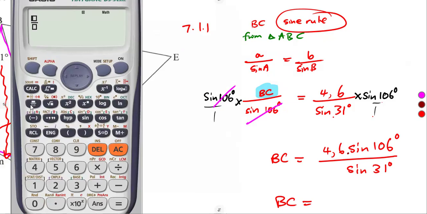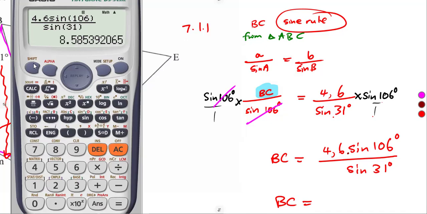That is a fraction. So this is 4,6 times the sine of 106. Close the bracket, then move down to sine 31. So this is what we're going to have: 8,5, 8, 5, and so on. To 2 decimal places, that's 8,59.